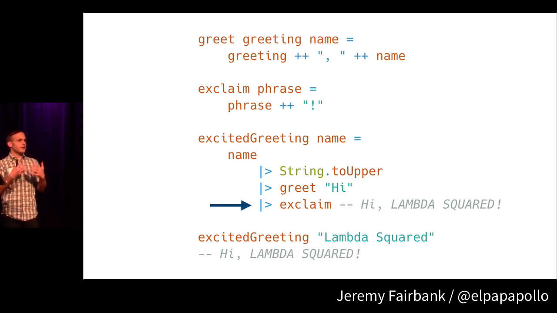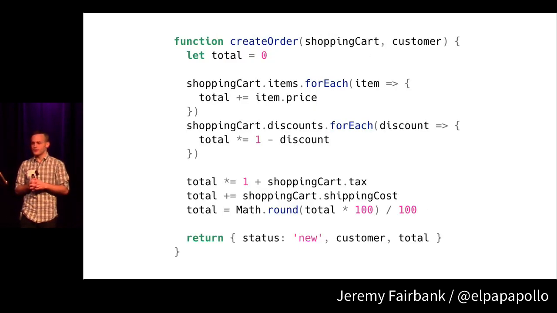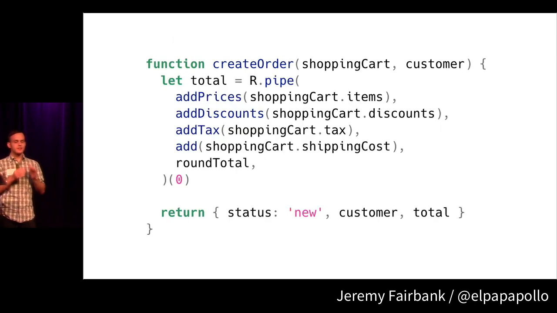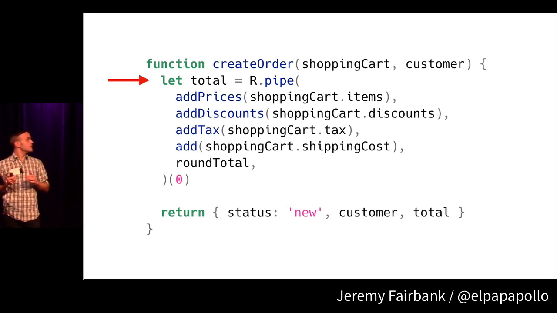So now that we've got an understanding of this idea of piping or function composition, we can revisit our create_order function and think about how we could break it apart and move these responsibilities out. Well, we could take this whole piece of computing the total and break it apart into well-named functions and use the R pipe here to apply every function one after the other.